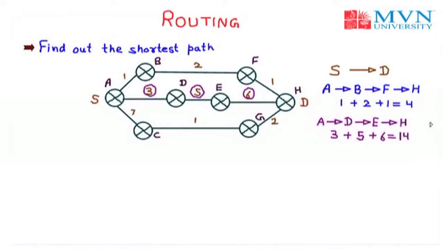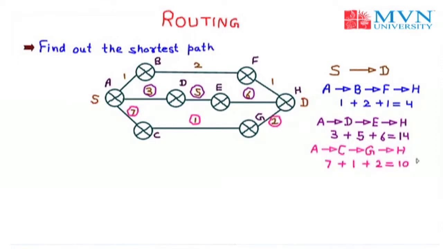Now there is one more possibility, from A to C, from C to G and from G to H, because we consider H as the destination. The distance from A to C is 7, plus C to G is 1, plus G to H is 2. Total is equal to 10.